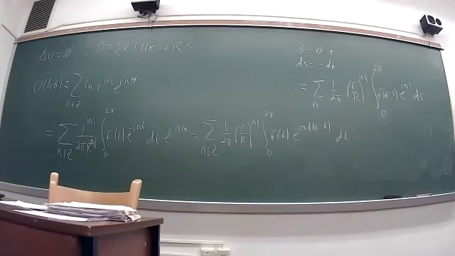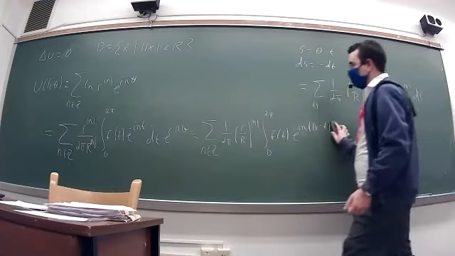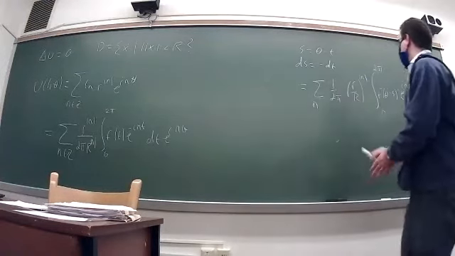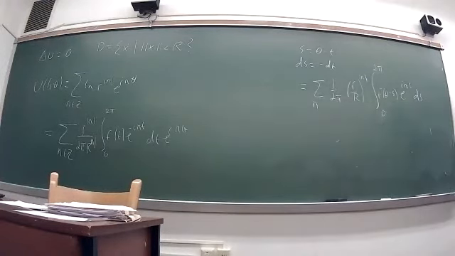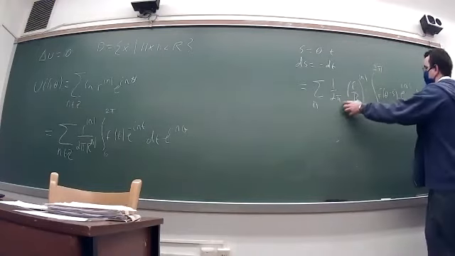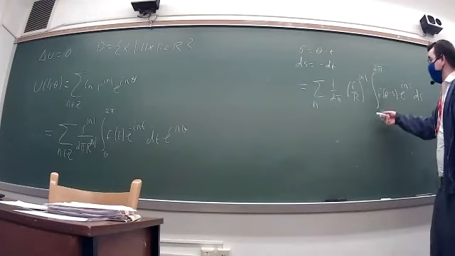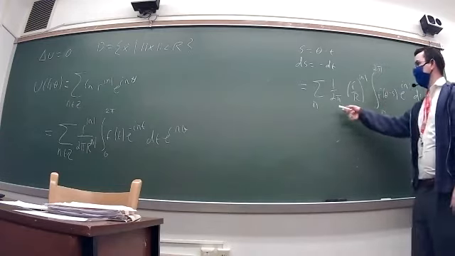So this is already starting to look quite good. Now integrals are linear, so I can bring the sum inside the integral. This is an infinite sum, and an integral is a limit, and an infinite sum is a limit.